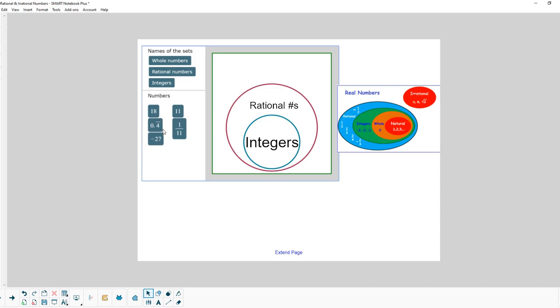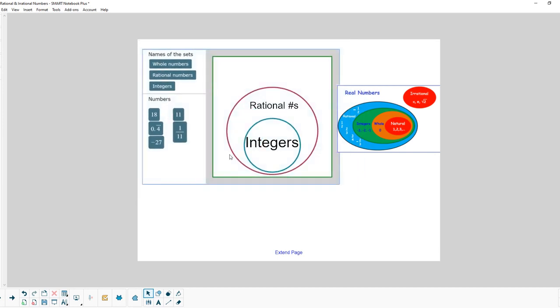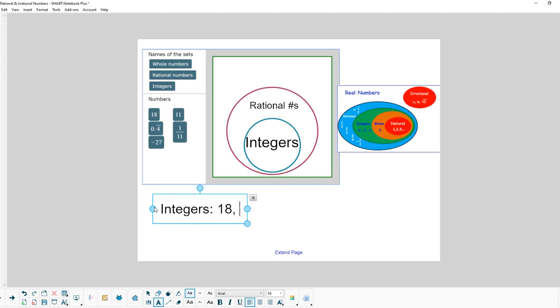So now what we want to do is drag these over, one at a time, into the set that they belong to. Let's see if they'll let us drag it. Nope, they won't. So what would be the integers here? On Alex, it'll work a little bit better, but the integers in the list here would be 18, 11, and negative 27.